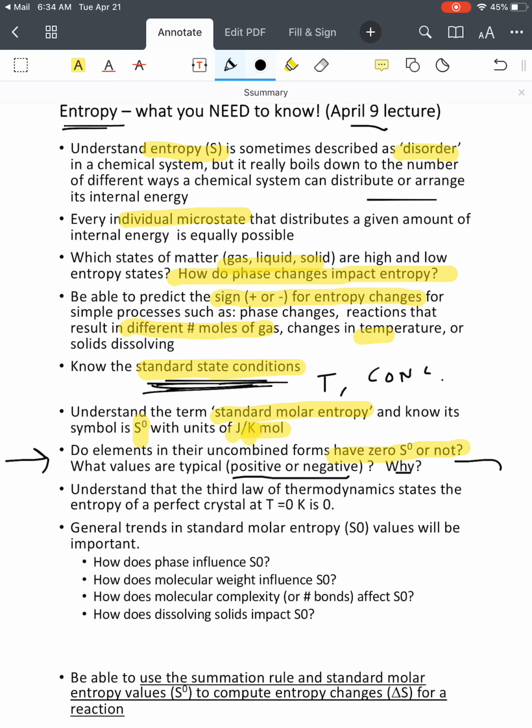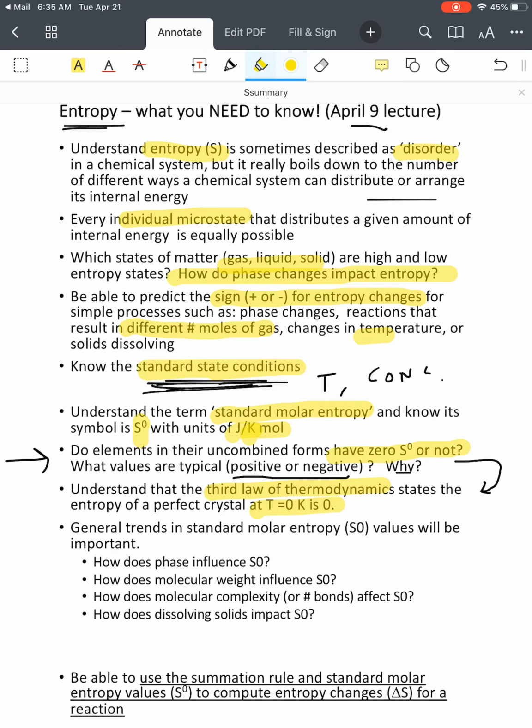And leading into that actually is this next topic, so they're kind of related to one another. I'll let you think it out and reason it all through. But we also learned about the third law of thermodynamics in this lecture. That basically says a very simple statement. It defines our zero reference point for standard molar entropy because it says that the entropy of a perfect crystalline solid at absolute zero is zero.